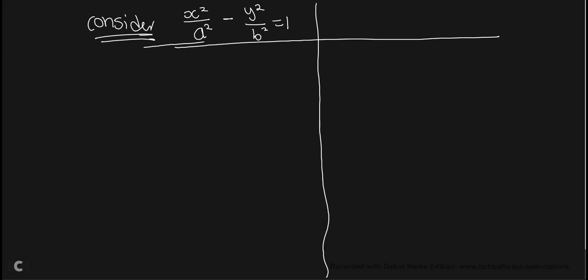Then the other one, y squared over a squared minus x squared over b squared equal to 1, like that. So these are your hyperbolas.